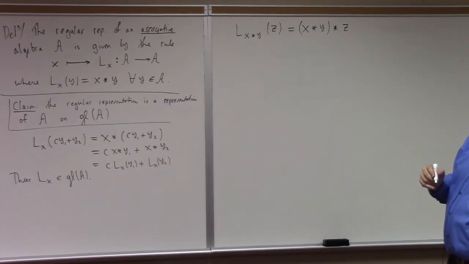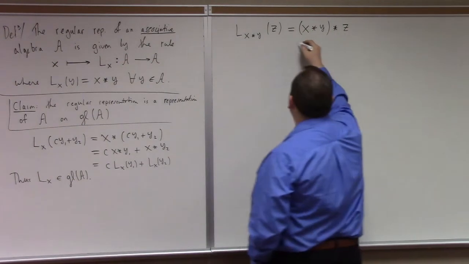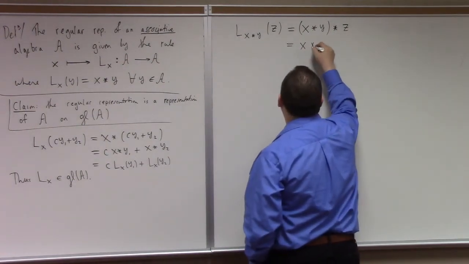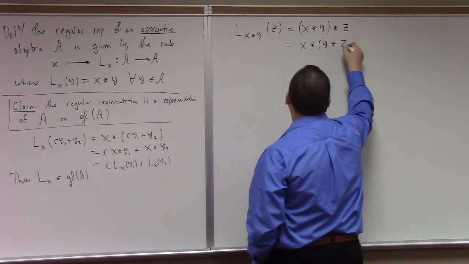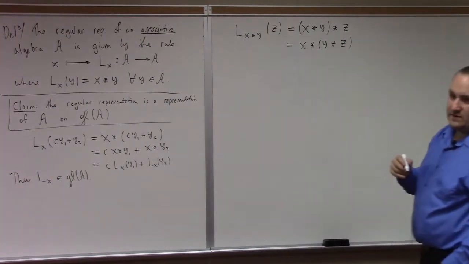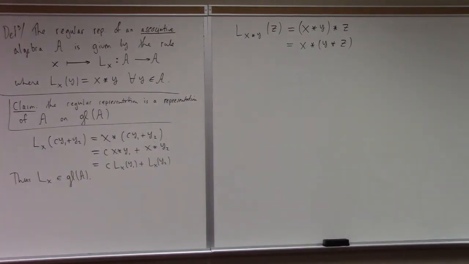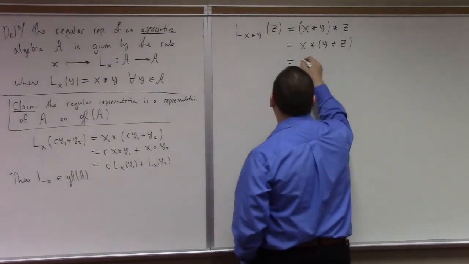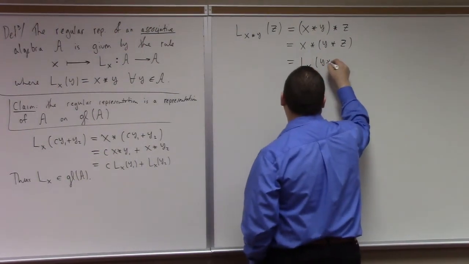But we're assuming our algebra is associative, right? So what's this? x star (y star z) like that, right? And yeah, that's exactly L sub x of y star z, which is what?